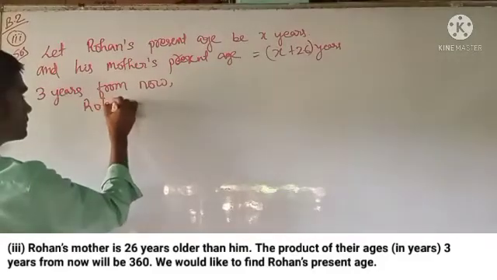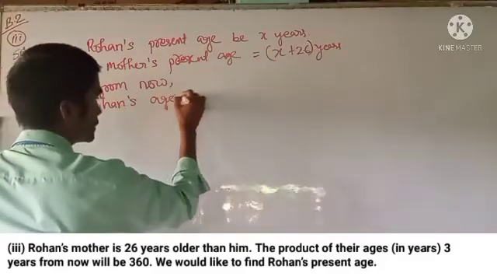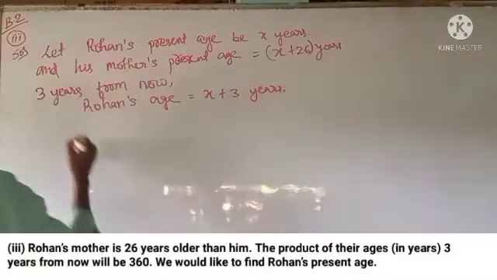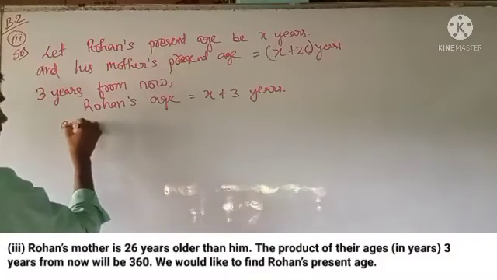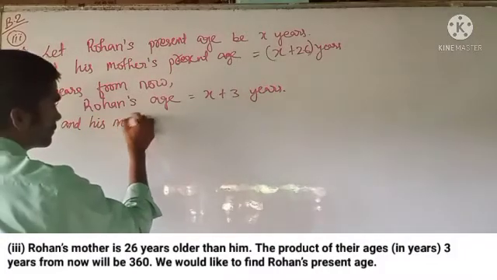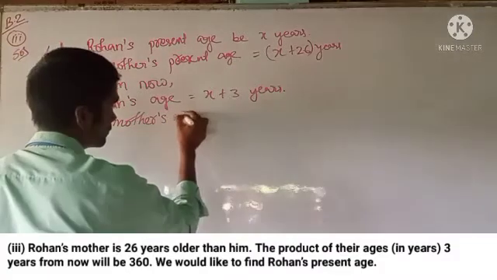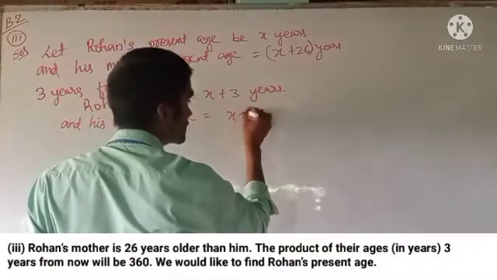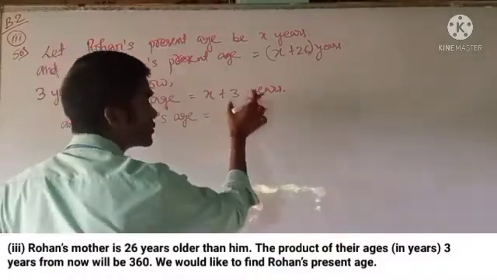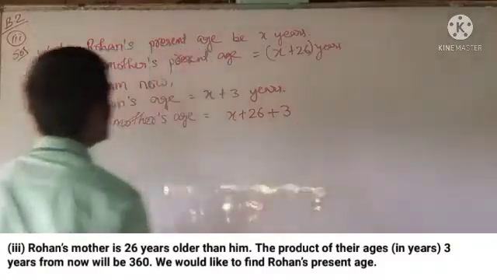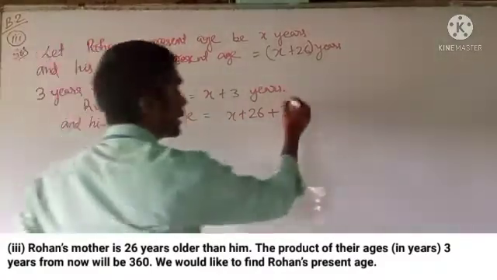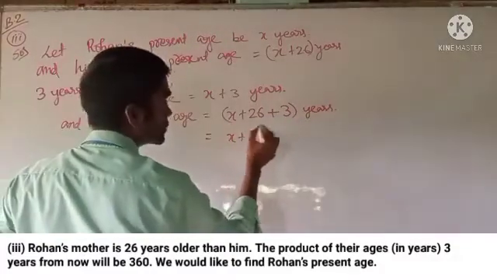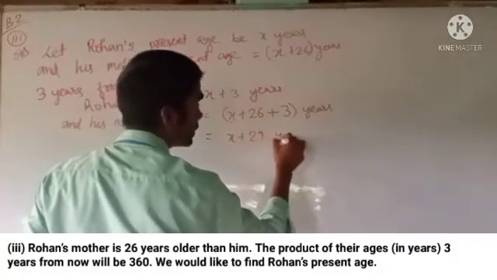Rohan's age is equal to x plus 3 years, and his mother's age will be, his mother's present age is x plus 26. Again, we need to add 3 more here, because we are talking about 3 years from now. So x plus 26 plus 3 is x plus 29 years.